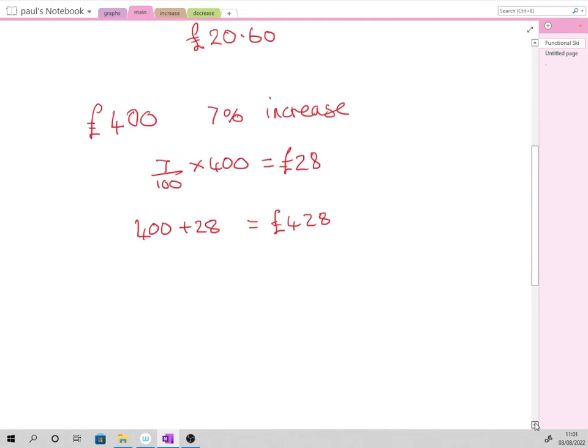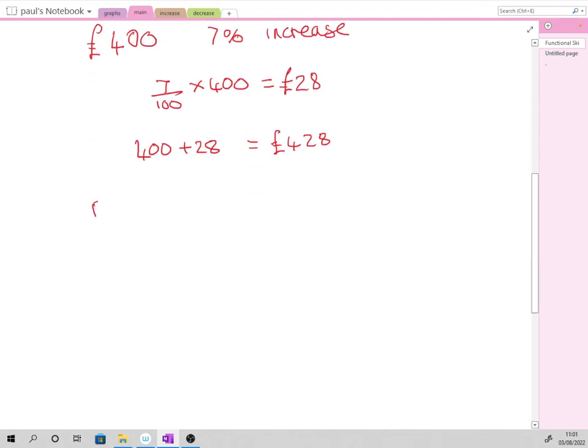They quite often like to do this. Billy gets £9.50 an hour. He's worked so hard that his boss gives him, well, let's imagine this, a 12% pay rise. That's not going to happen anytime soon, is it? So Billy gets a 12% pay rise. What's his new pay?